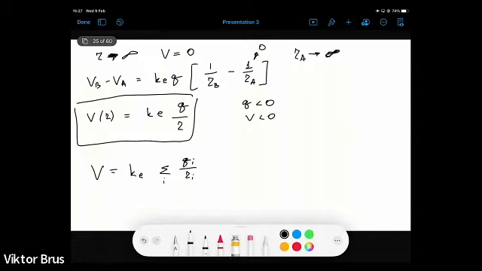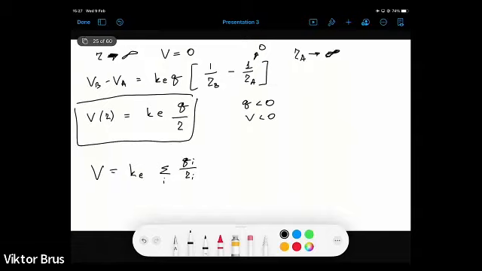So we need to realize not an algebraic, but a vector sum of each electric field vector created by each of these charges. And that is definitely a more challenging procedure than just taking the algebraic sum of electrostatic potentials.